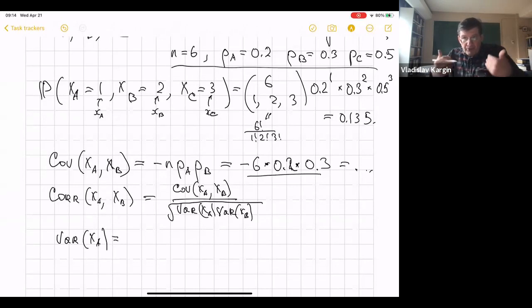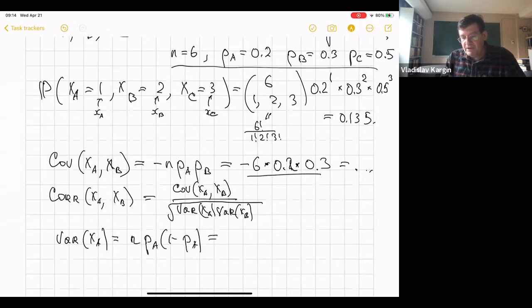It's easy. It's the variance of XA. So we look at our theorem 1 again, which says XA is a binomial random variable. It's clear, if you just look at it as a count of the successes from the point of view of player A. And the variance is equal to n PA (1 minus PA).